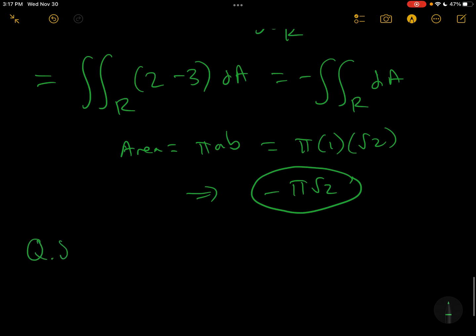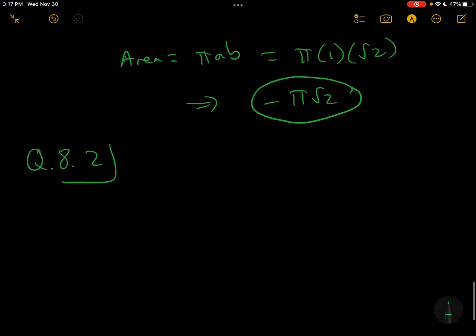And quiz 8, number 2. What do we got here? Oh, this is a good one. So we have xy dy minus y squared dx.